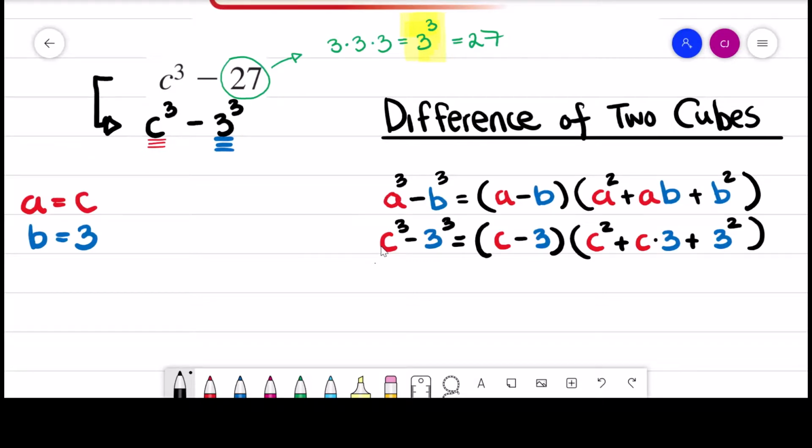What I'm going to do now is simplify this just to make it look as simplified as possible. So I'm going to take this a step further and say C cubed minus 3 cubed, or 3 to the third power, is equal to C minus 3 times C squared.